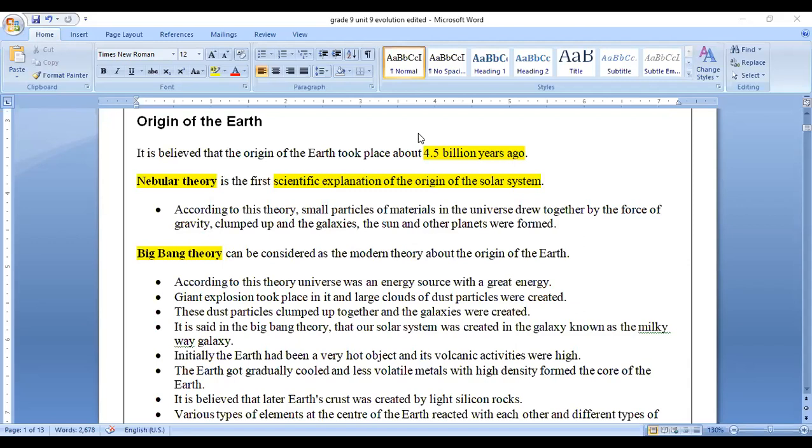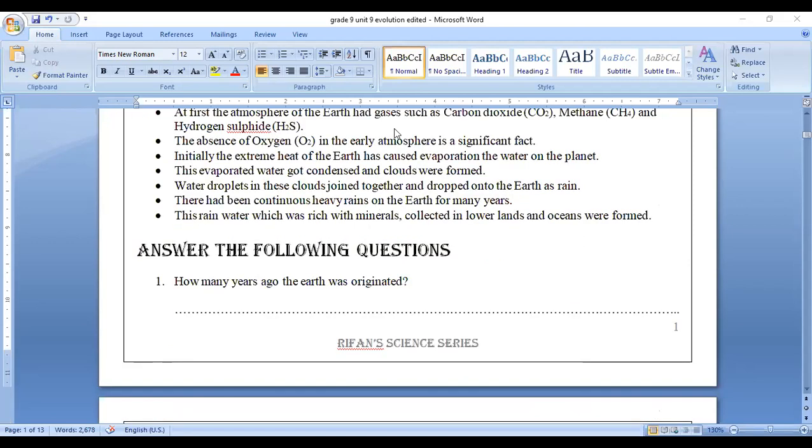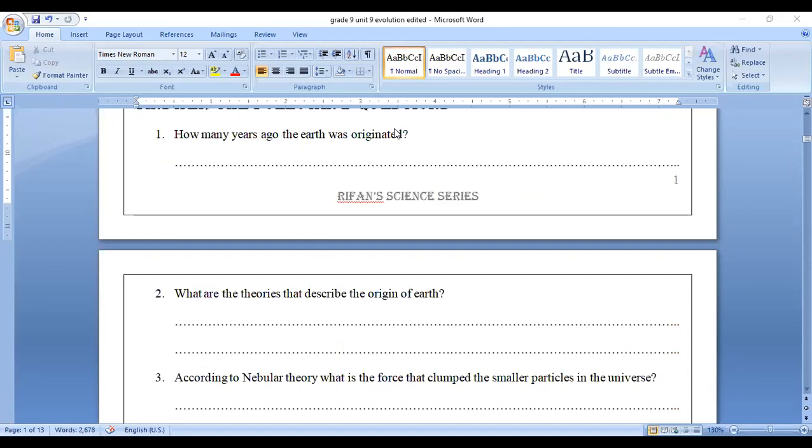Right. So my second question to you is, what are the theories that describe the origin of Earth? In that case, you have to first write about which theory? Big Bang theory. Because in Big Bang theory, your book says directly it is telling about the origin of Earth.